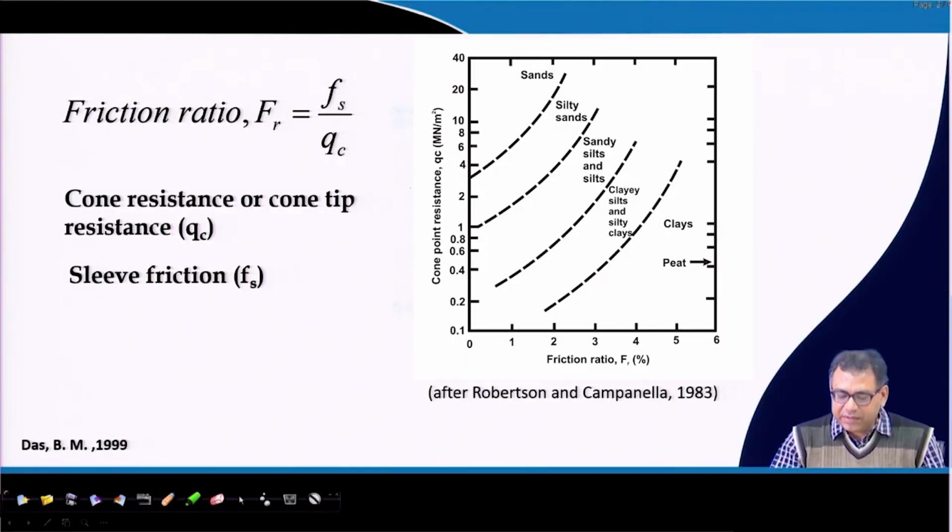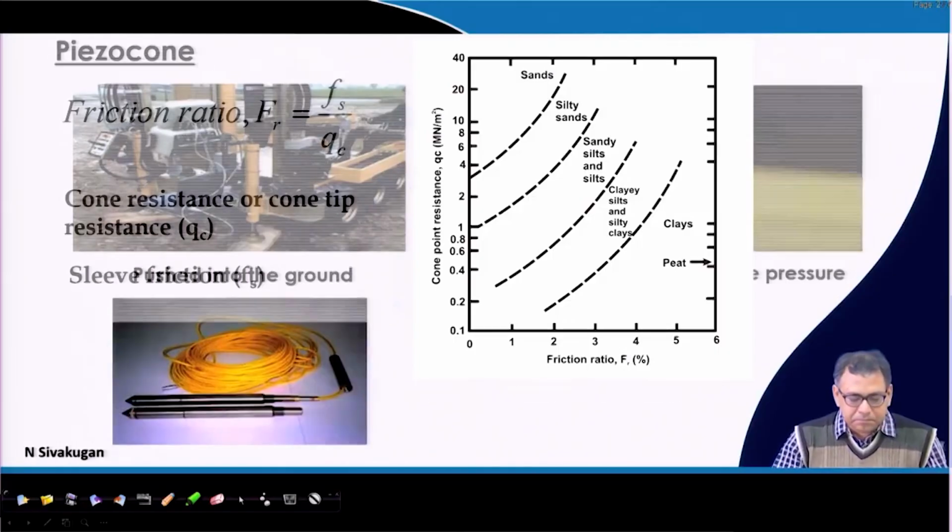It can be clay, clayey silt or silty clay, sandy silt, silty sand, or sand. If it is in this zone of friction ratio and cone resistance, then it will be sand. So, this way we can identify the soil also.